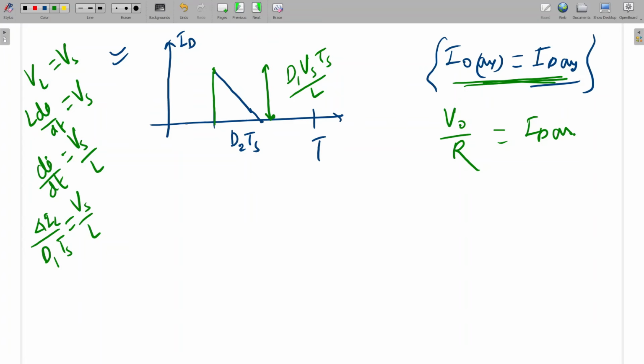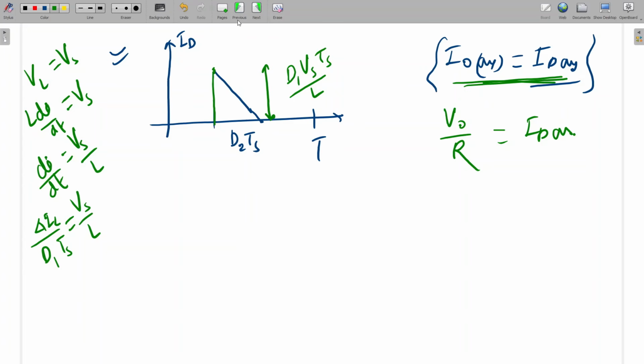Otherwise you can ask, I will explain again. Sir, we have already calculated this earlier. We could also do it with D2, but I am considering D1. Why D1? That was the buck converter, where I was getting V0 on the output side. Here I need VS. According to the need, we can do that.